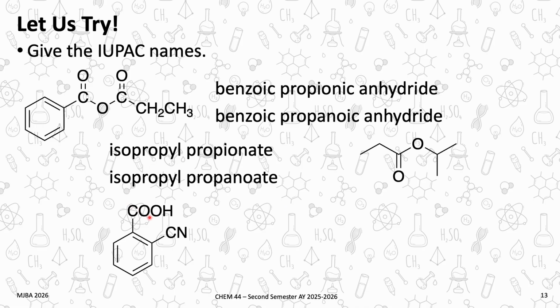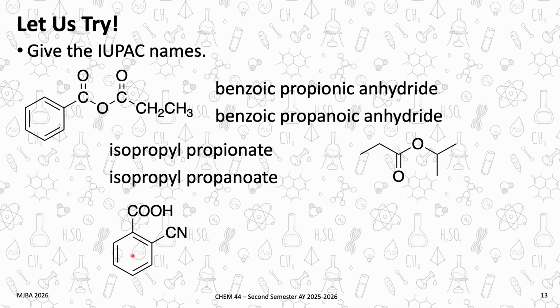Okay, so for this, the carboxylic acid takes precedence over the C triple bond N in becoming the parent functional group, the main functional group. So we're going to name this as a substituted carboxylic acid.